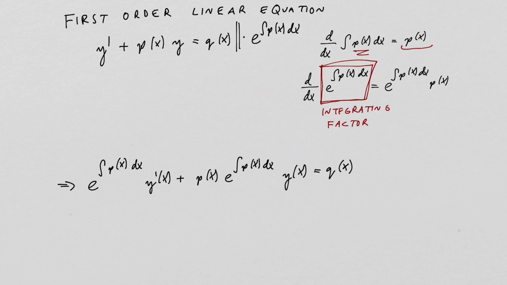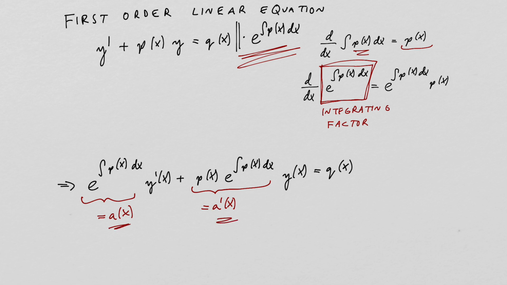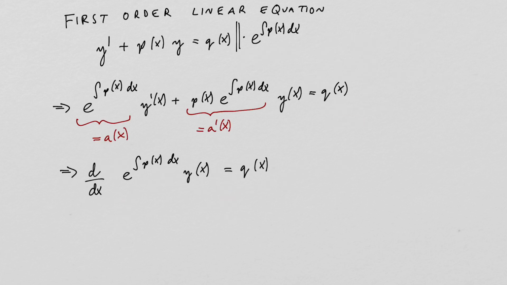If we multiply our equation by the integrating factor, we get the equation in this form, and now it happens to be that we get here some function a and its derivative here. Now it is useful to write the integration constant here.